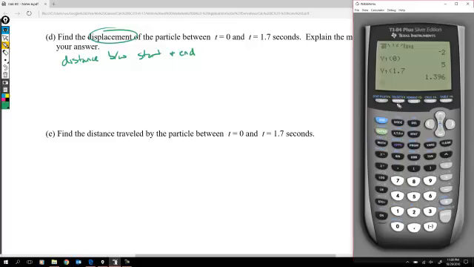So my displacement is just the difference between these two values. So all I would need to do is, for instance, s of 1.7 minus s of 0. Okay, so in this case, that'd be 1.396 minus 5. All right, and I get negative 3.604.